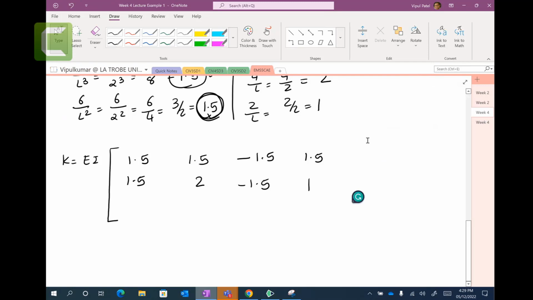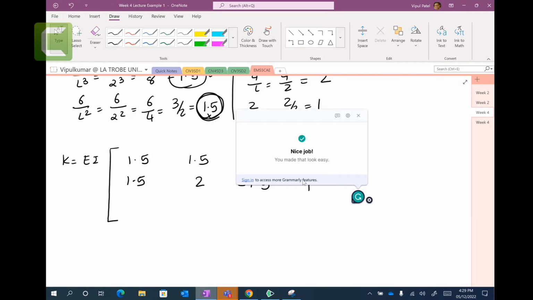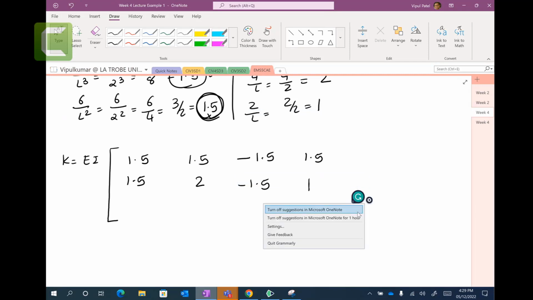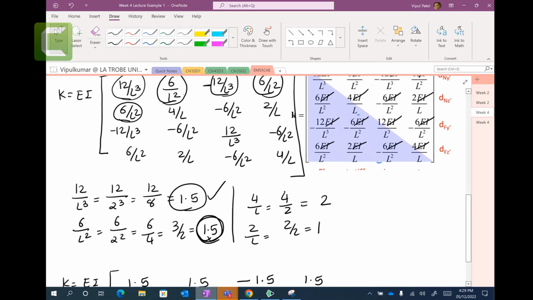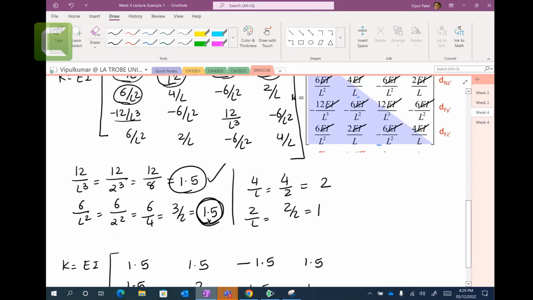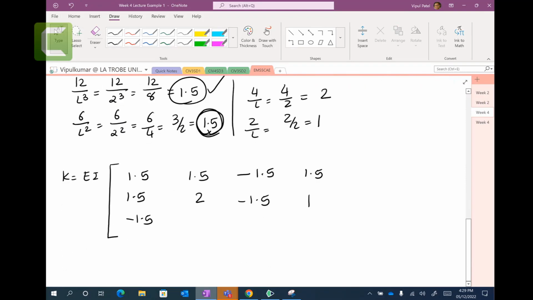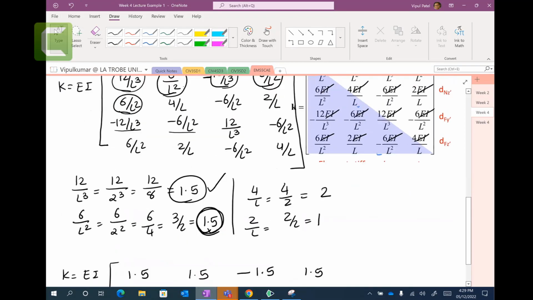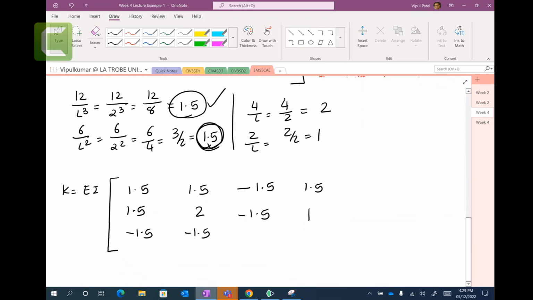Let me fix up this one here. Okay, now minus 12 on L cubed, which is minus 1.5. Minus 6 on L square, minus 1.5. 12 on L cubed, 1.5.